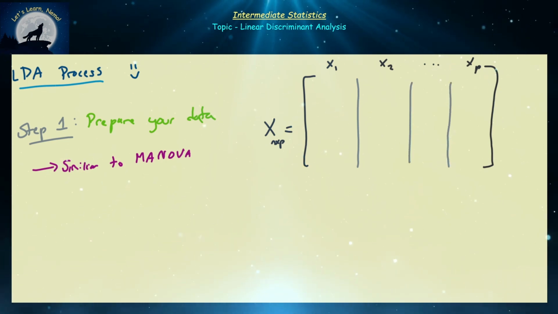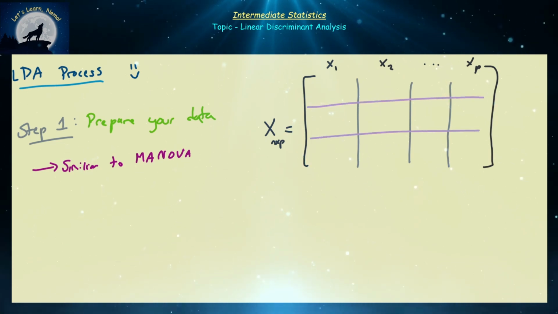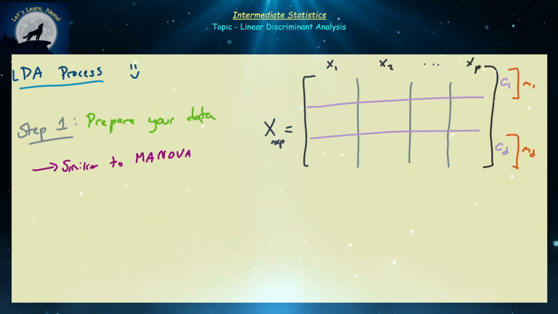Now what you're actually going to do is partition this with respect to the classes in that data set. For example, this is going to be classifier 1, classifier 2, all the way down to, let's say, classifier D. Okay, so let's assume that we, for example, have m1 values here, m2 values here, all the way down to mD values here.